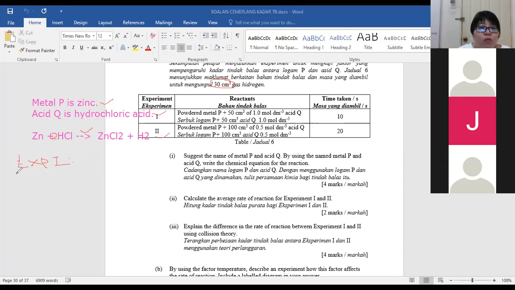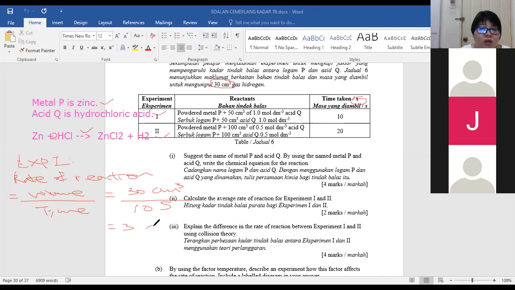When we want to calculate, we have to write the title, rate of reaction equals to change in volume versus the time taken. So the volume which is produced is 30 centimeter cube. Now for set 1, we are taking 10 seconds. So your answer will be 3 centimeter cube per second.